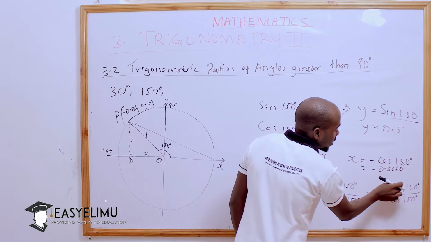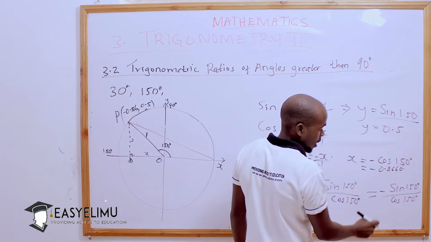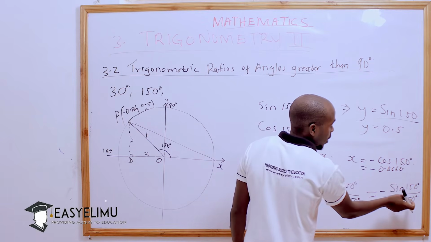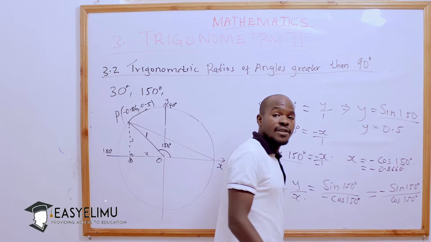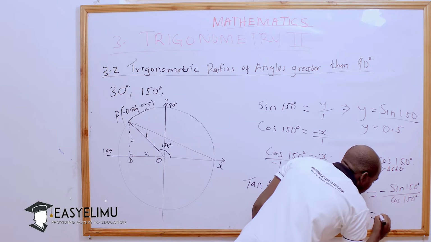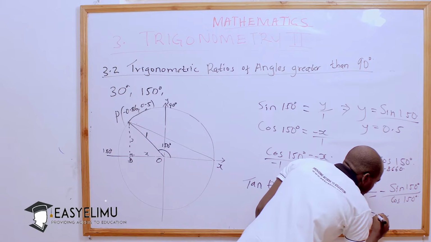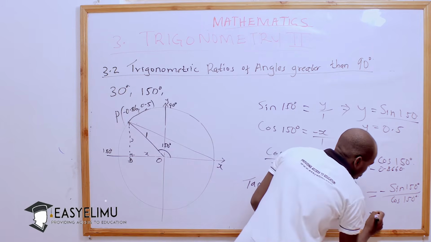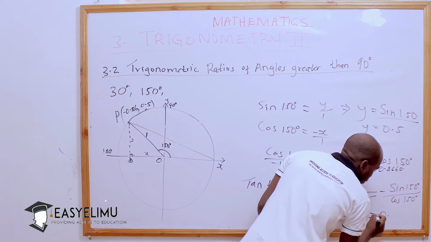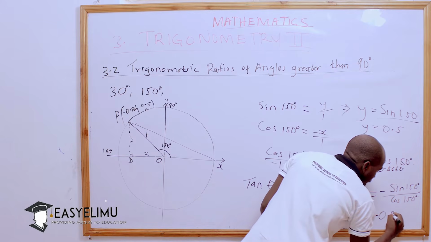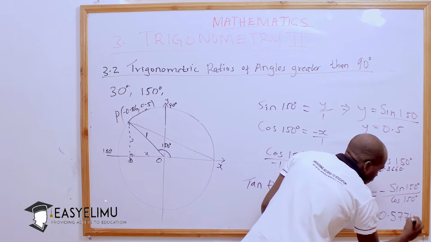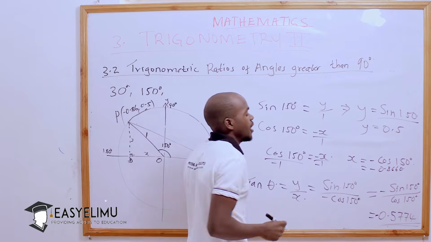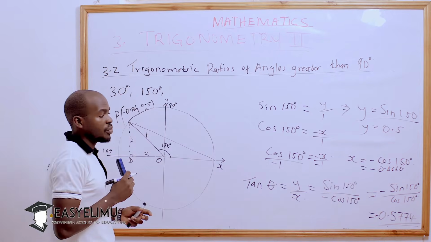And here now, if you take negative 0.5 divided by 0.866, you are going to get a negative answer of 0.5774 from that perspective. So that is what we are going to get.